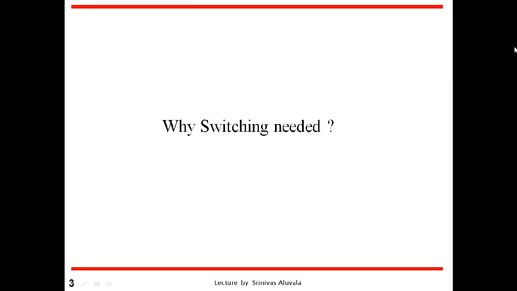Now coming to the switching. Why is switching needed in data communications and computer networks? As we know, a network is a set of connected devices. Whenever we have multiple devices, we have the problem of how to connect them to make one-to-one communication possible. One solution is to make a point-to-point connection between each pair of devices, or between a central device and every other device.